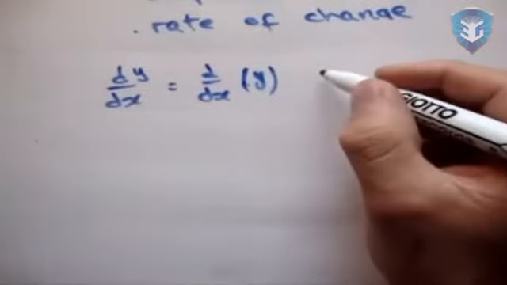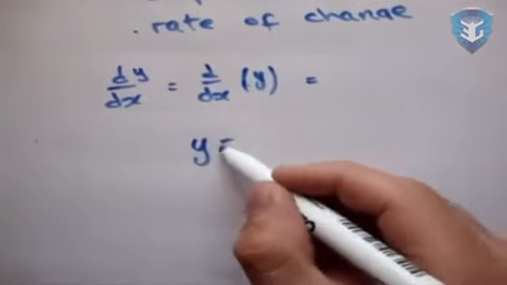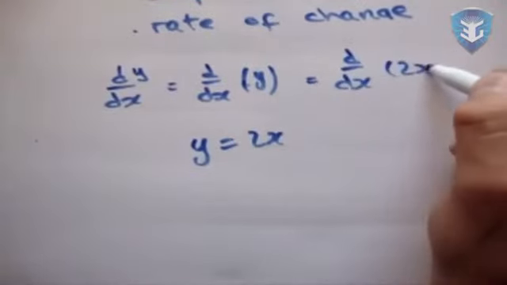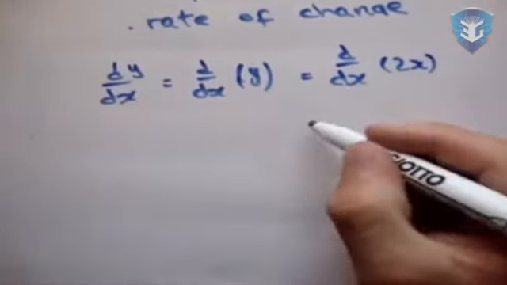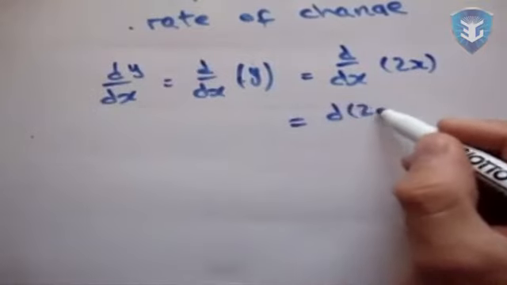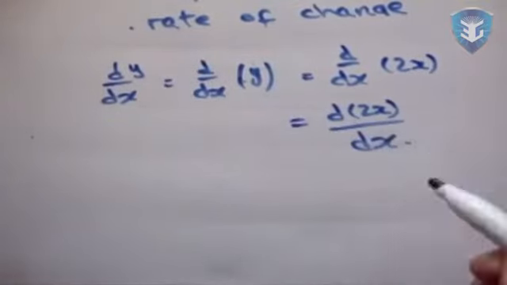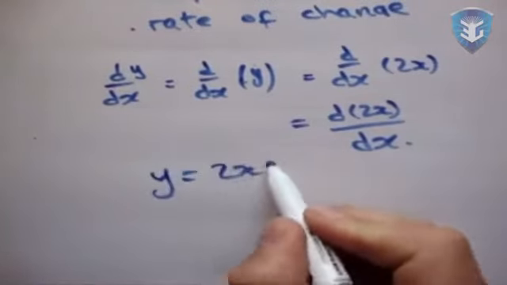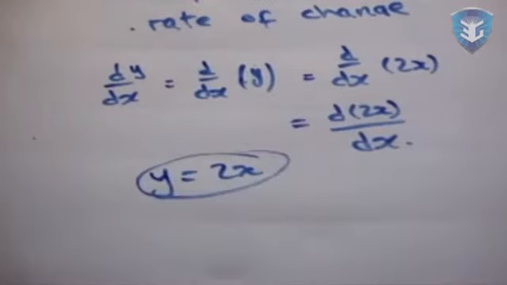They're the same thing, or you have, say y is equal to 2x, you could have d dx of 2x, or you could have d 2x dx. They all mean the same thing, where in this case y is equal to 2x, like that.